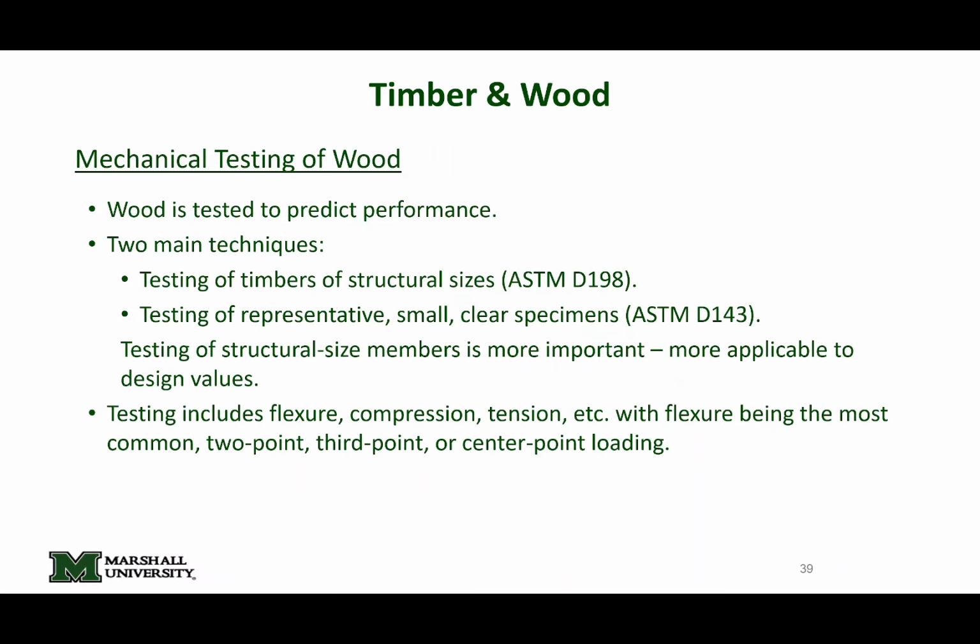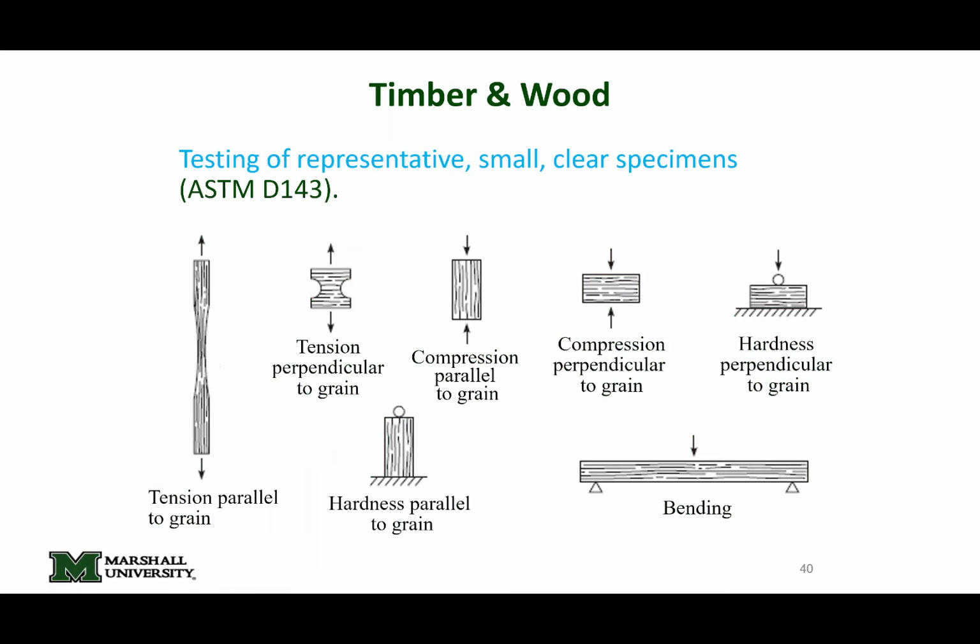I'll say a couple things about mechanical testing. A lot of what we do with mechanical testing of wooden specimens mimics what we do with concrete or steel specimens. We can still do a tension test, a bending test, a compression test, and so on.